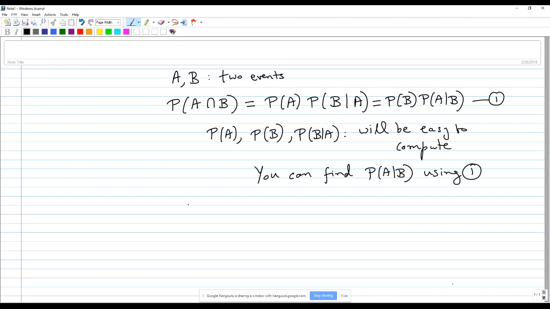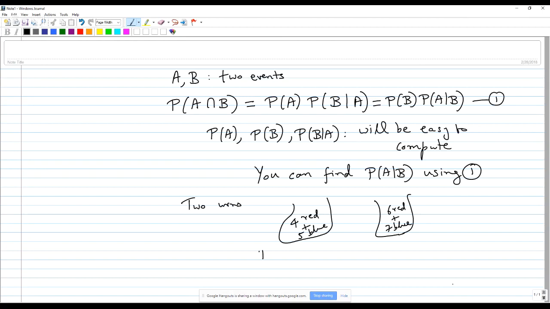So you might have say two urns, and let's say in one urn you have 4 red plus 5 blue, and another urn you have 6 red plus 7 blue.